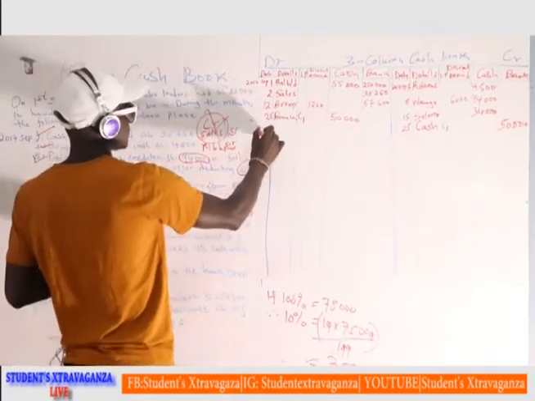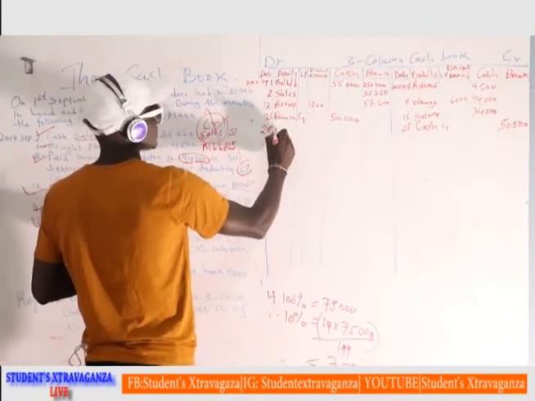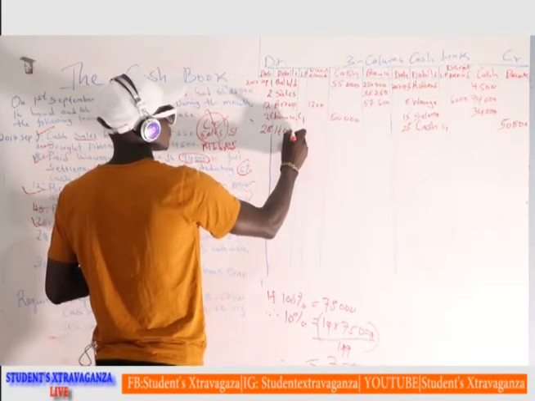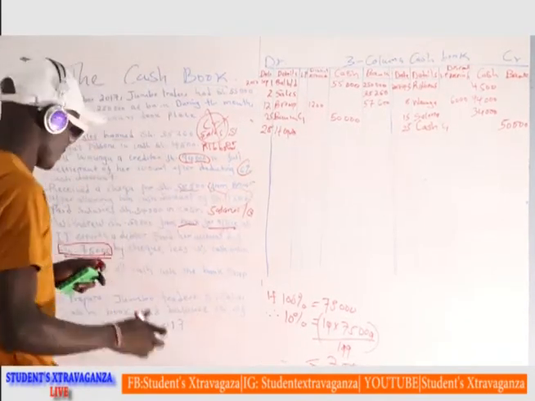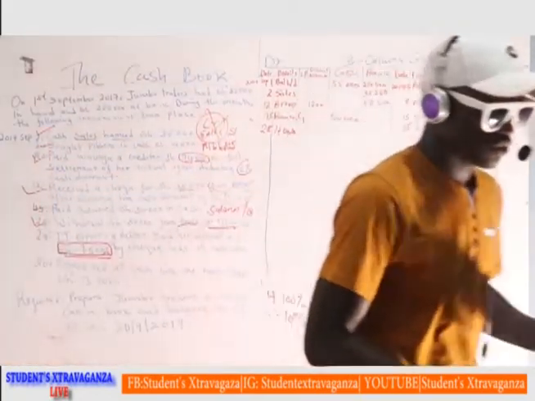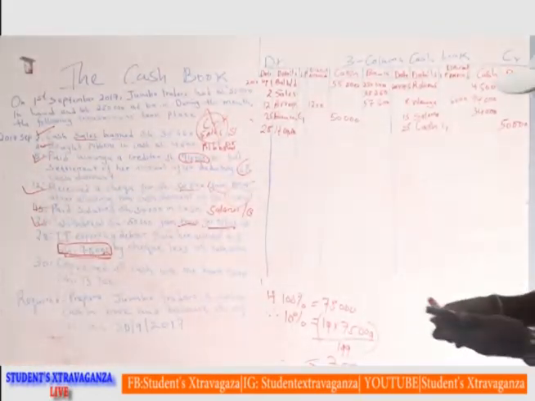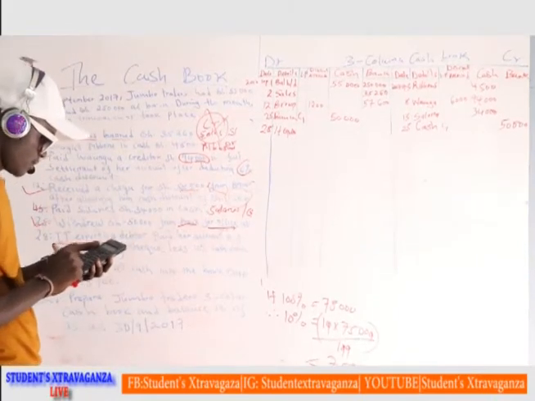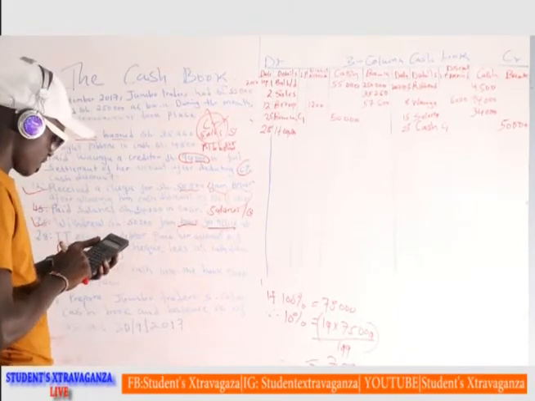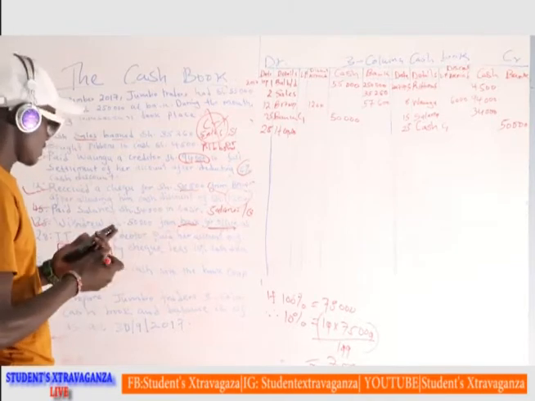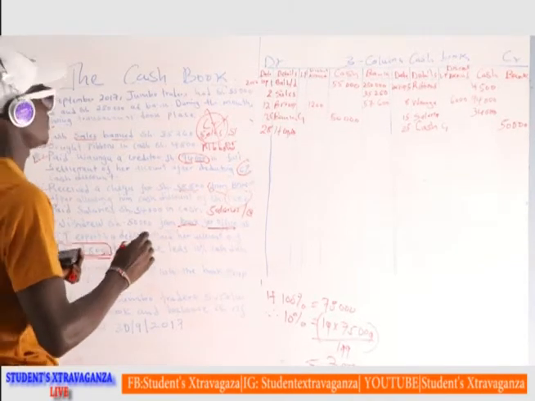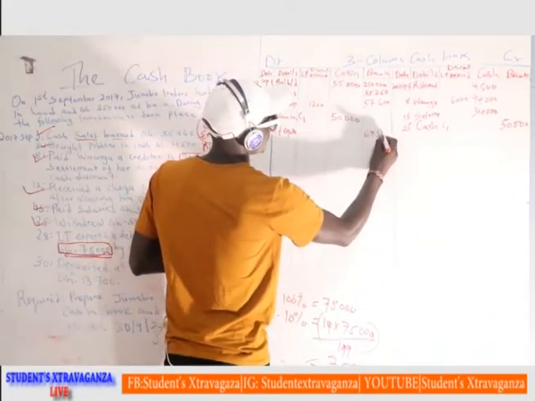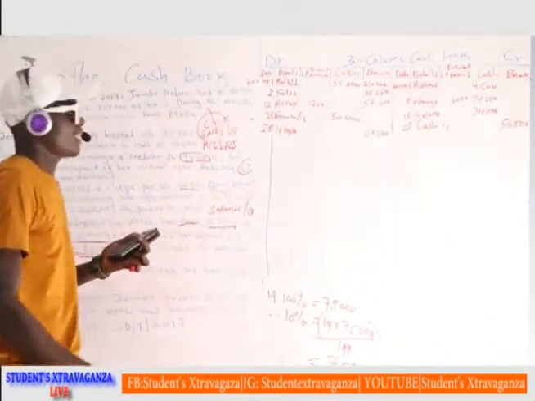On 28th, IT experts in the details. We have to acquire that difference: 75,000 minus 7,500, 67,500. 67,500 because it was paid in by check.